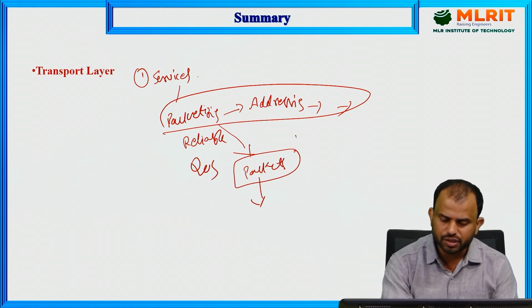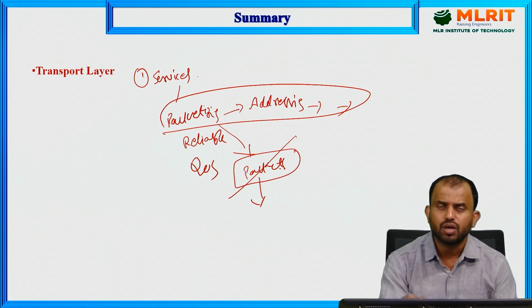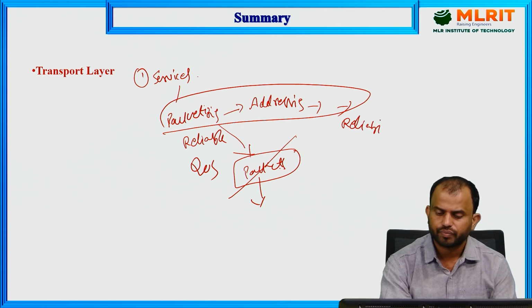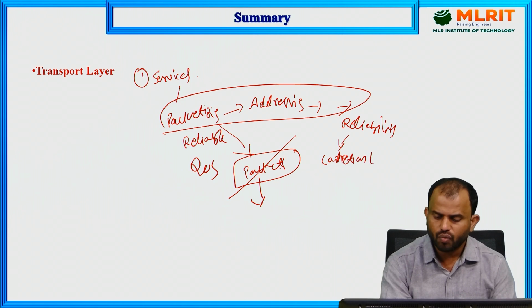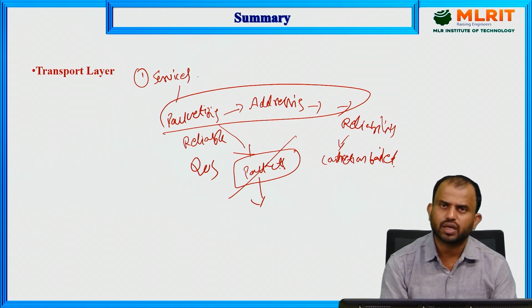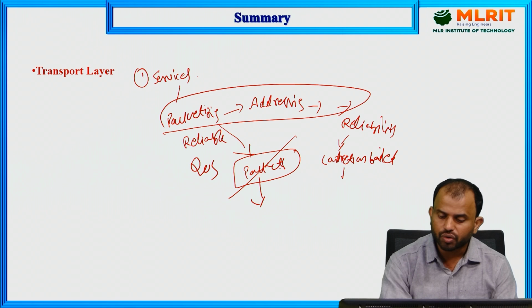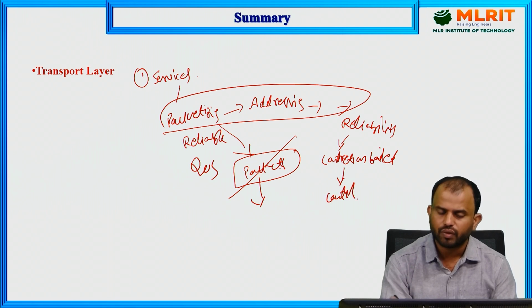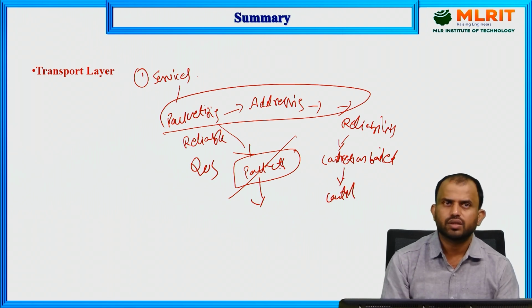If a packet is broken or damaged, what kind of precautions are we taking? How are we able to measure the reliability of these values? And if any connection fails, how are we able to establish the connection, or how are we able to control the connection? That kind of service is offered by the transport layer.